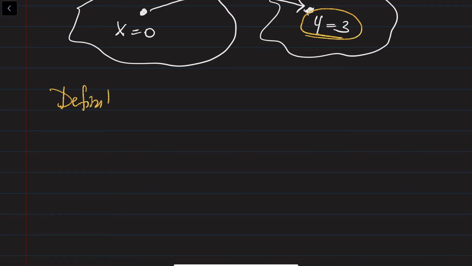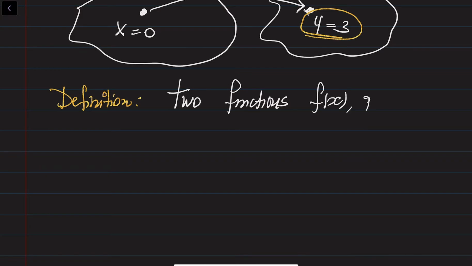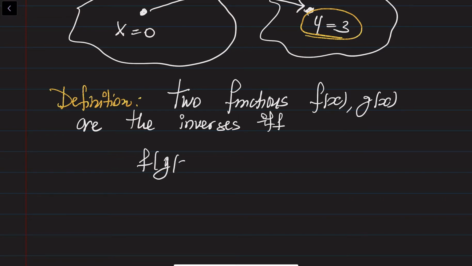Definition. So two functions, f of x and g of x are the inverses if and only if f of g of x is equal to simply x.